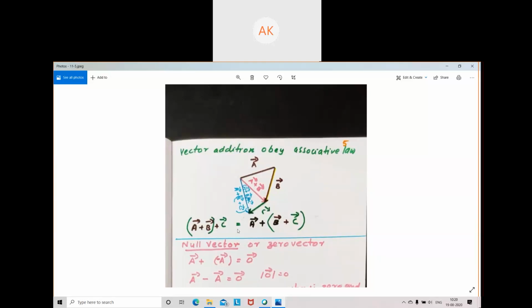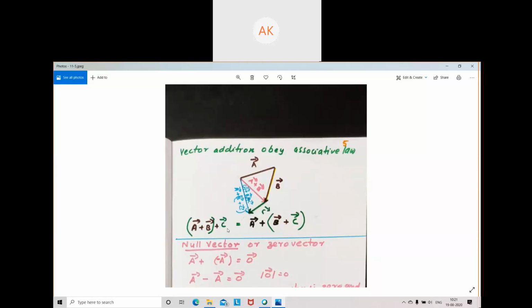So here different vectors are not drawn directly. One figure is given. Vector A is drawn here. Vector B is drawn here. A plus B we know. A plus B is from the tail of vector A to the tip of vector B. This pink line represents A plus B. Then A plus B plus C we have to find out.